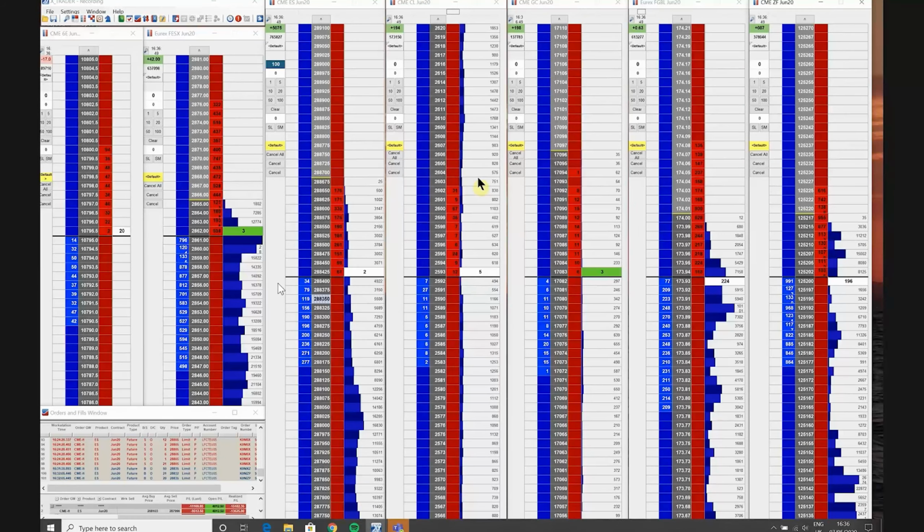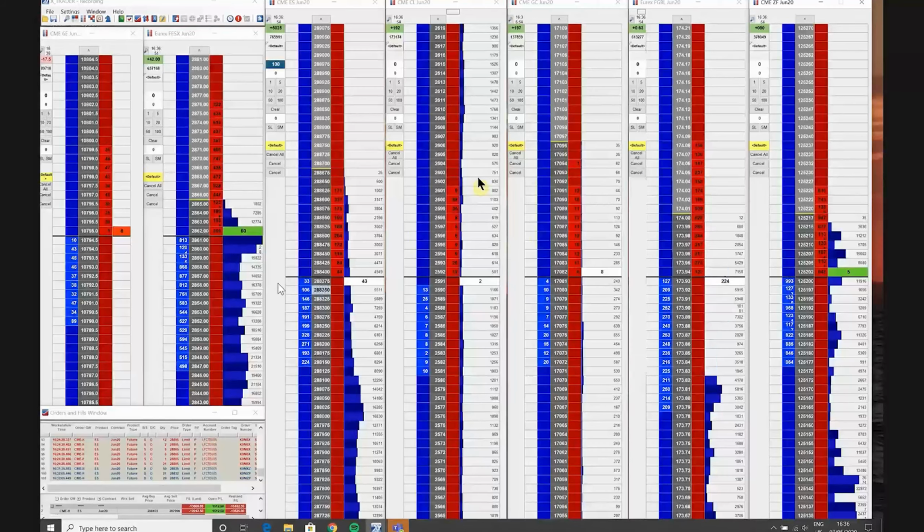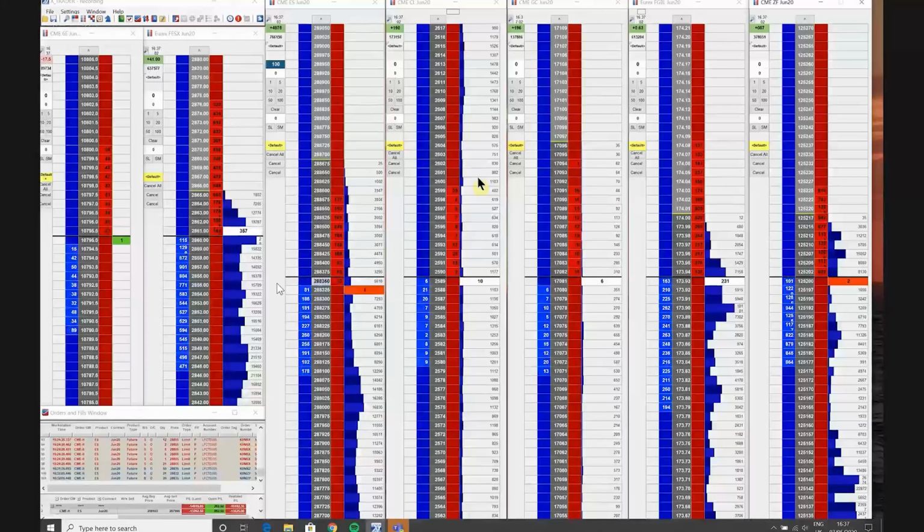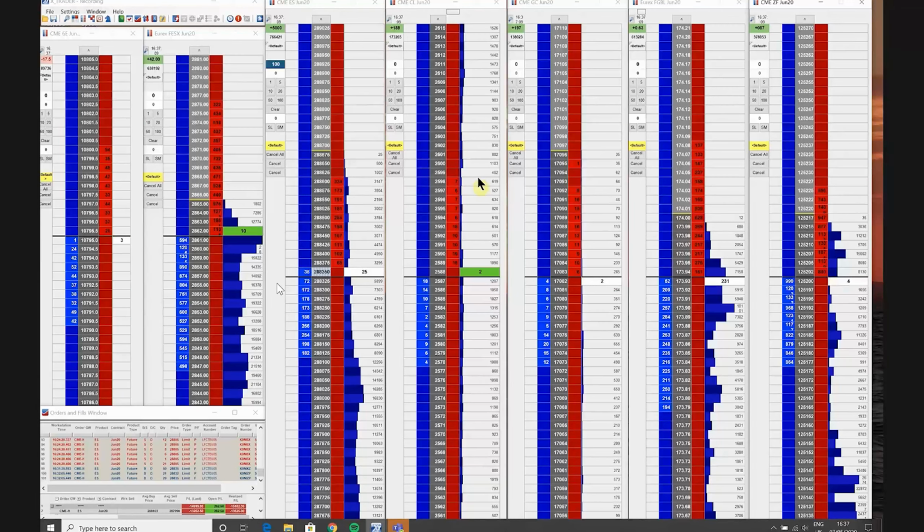Alright, so now we're looking to see if there's any weakness in the seller. There's quite a bit of selling now, so back below our price.